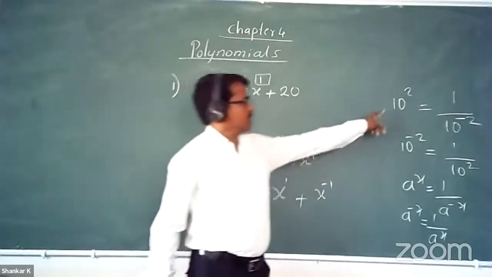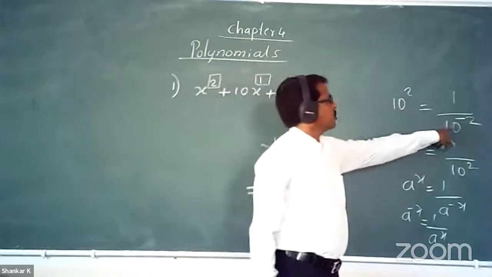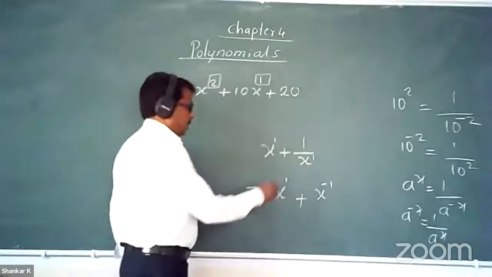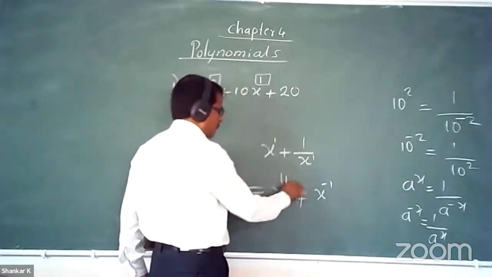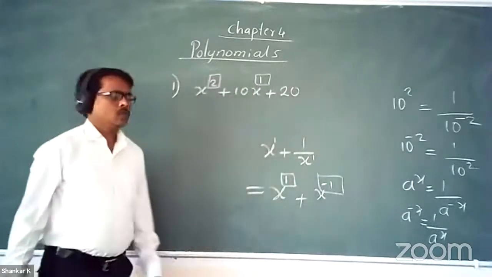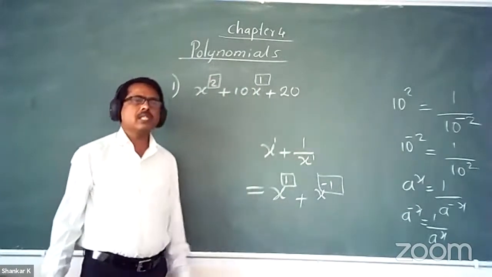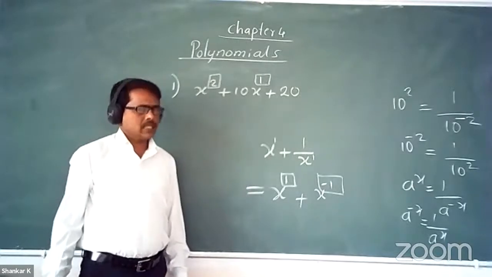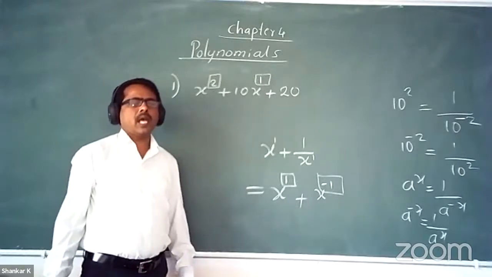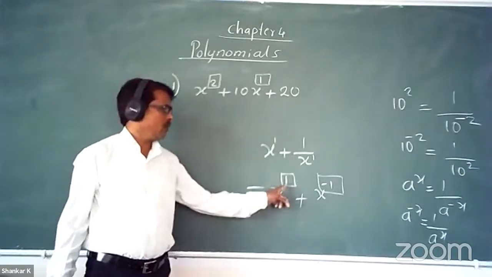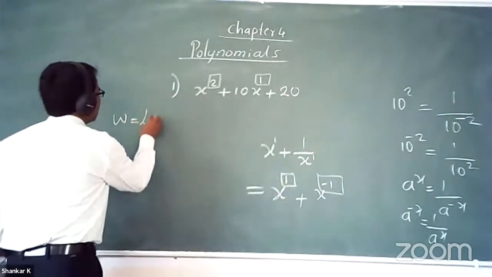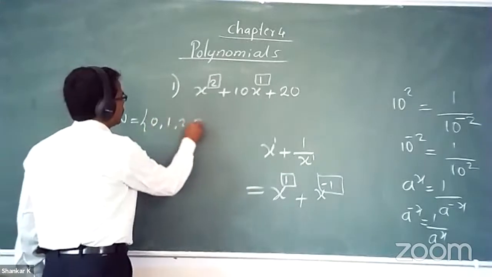Understand it? See this example. Minus 2 becomes plus 2, plus 2 becomes minus 2. So x raised to minus 1: here the exponent is minus. So what does the definition say? A polynomial is an algebraic expression which has whole numbers as the exponent. Whole numbers are 0, 1, 2, 3 and so on.